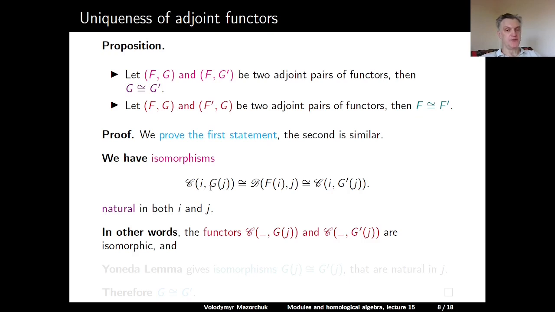And this isomorphism is natural in J. By Yoneda lemma, we have that the corresponding objects G(J) and G'(J) must be isomorphic, and this isomorphism is natural in J. But this means exactly that the functors G and G' are isomorphic.